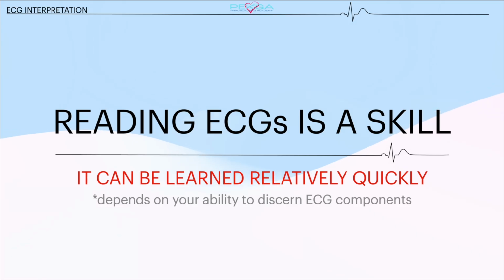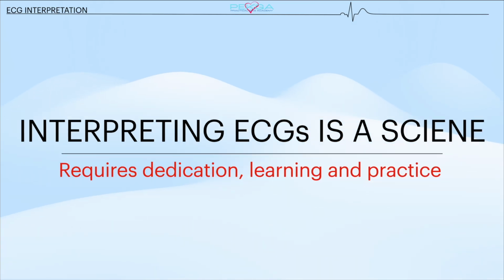Some people are going to pick up ECG reading skill more quickly, and for some, you're going to struggle through it. But of course, practice makes perfect. Now, ECG interpretation is a science, okay? And I'll show you why down the road here. But this requires dedication, it requires learning, and it requires practice.